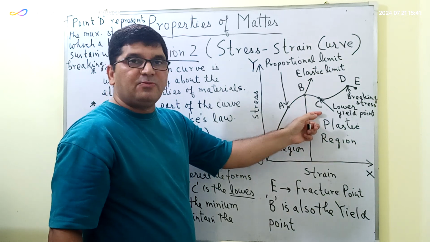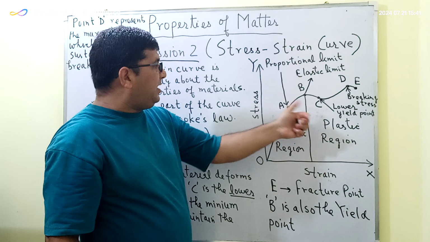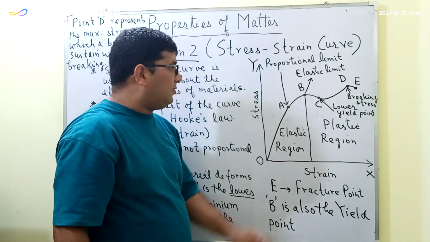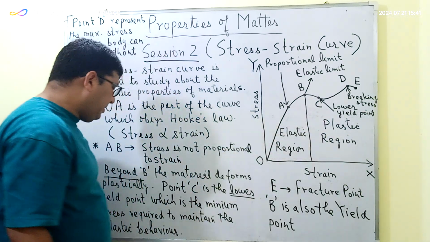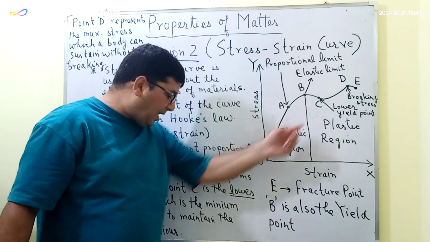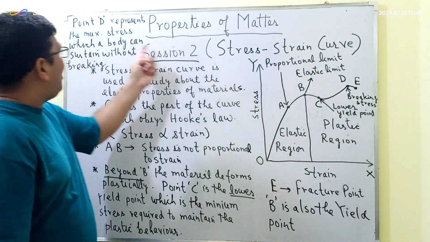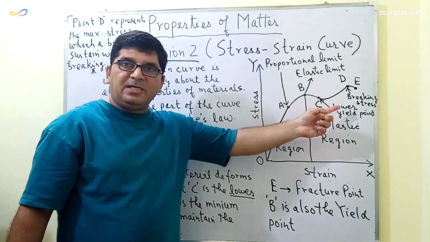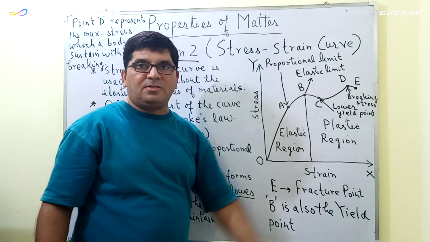Beyond point B, it will deform plastically. That is, beyond point B, if the stress is removed, the deformation will continue. C is the lower yield point, the point of minimum stress required to maintain plastic deformation, D is the breaking stress, the maximum stress a solid can withstand without breaking, and E is the point of fracture.